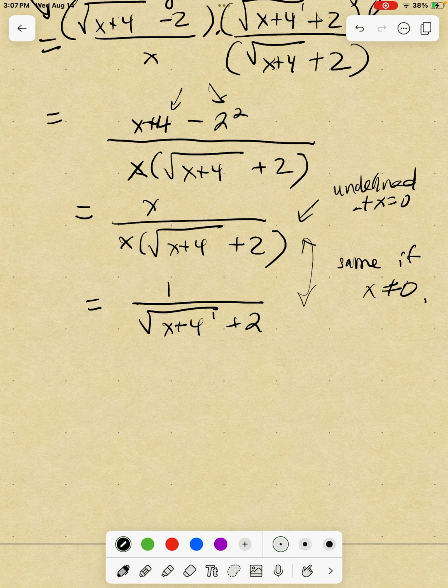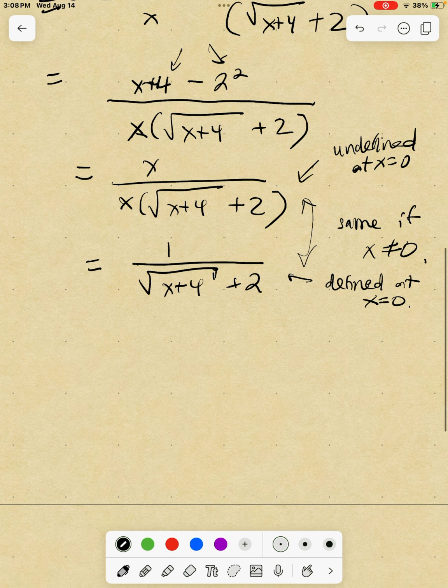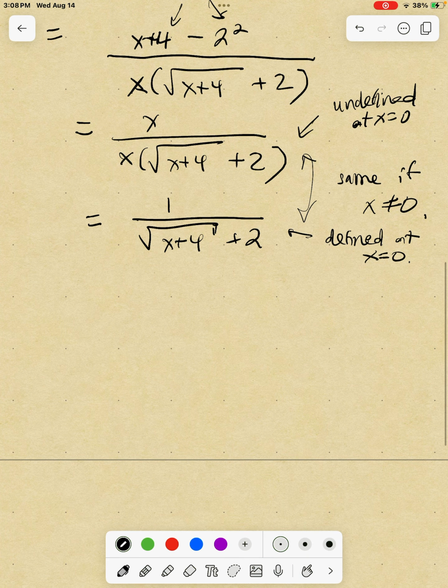And this is defined at x equals 0. So that's the difference. They're not the same if x is equal to 0. But if x is not equal to 0, they're equal.